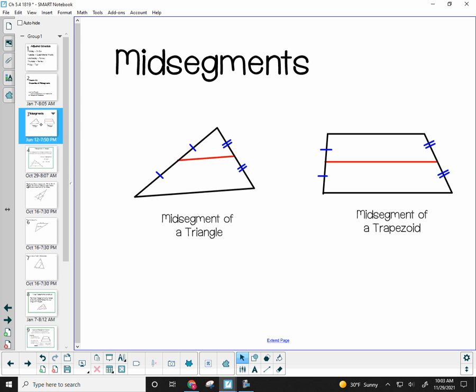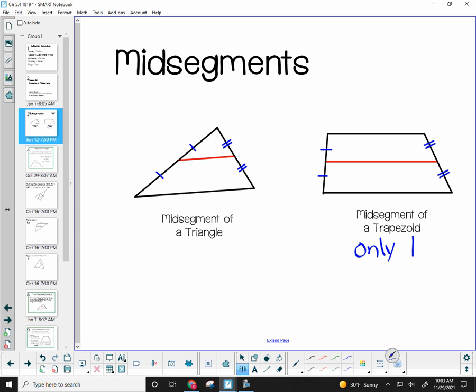Okay? There are also mid-segments in trapezoids, but there's only one. You only join the midpoints of the legs to create a mid-segment. So in a trapezoid, there is only one mid-segment.